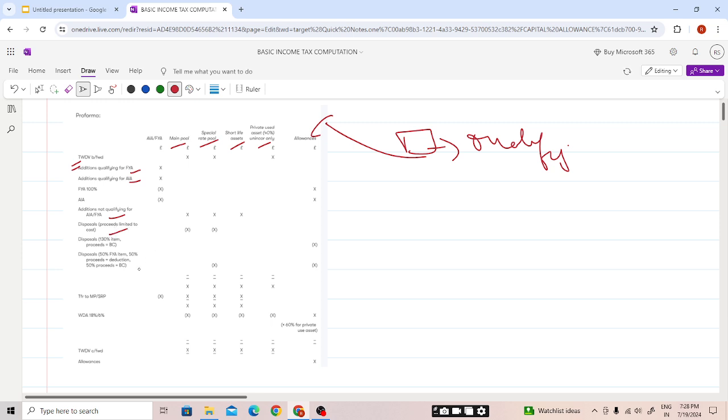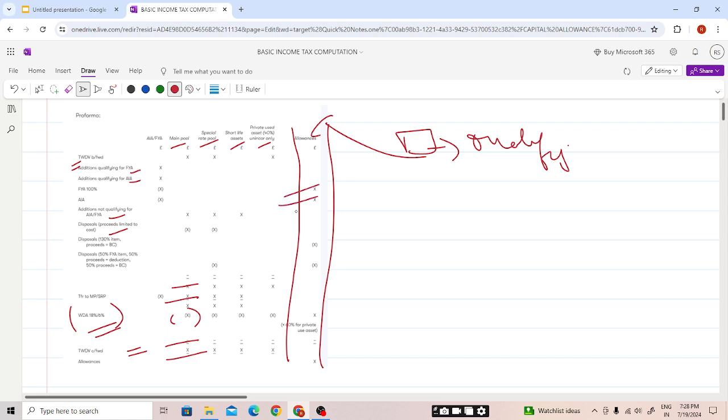Then disposals. After reducing the disposal, we get the balance of the pool, and on the balance we calculate the WDA. After reducing the WDA, we get our tax written down value carry forward, and this column provides the total of the allowances which we can use to adjust our tax adjusted trading profit.